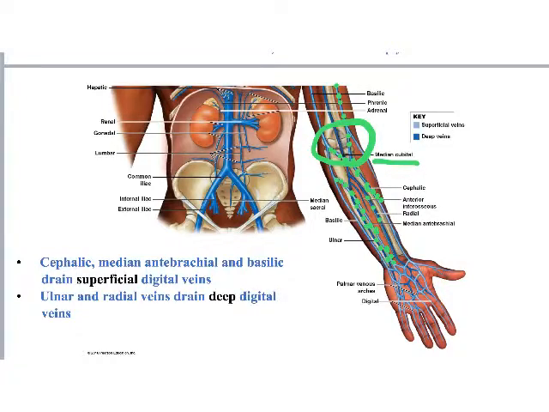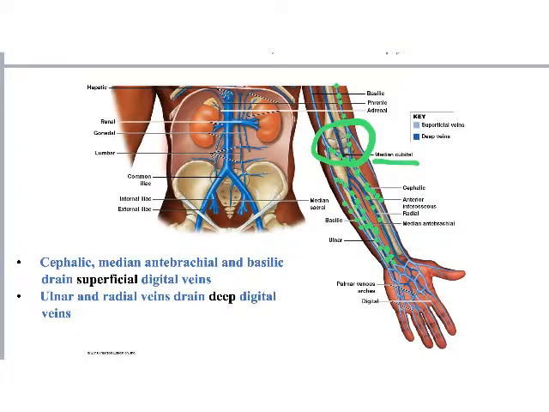If you remember when we talked about the muscles, we talked about different layers, right? Well, here with the veins, we've also got different layers. We've got some superficial veins and we've got some deeper veins. The superficial veins are going to be the cephalic, the basilic that you can see running here on the ulnar side, and the median cubital and the median antebrachial.